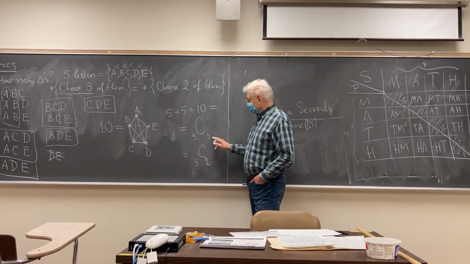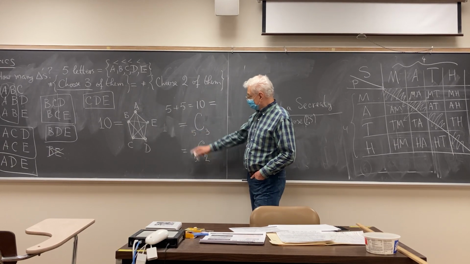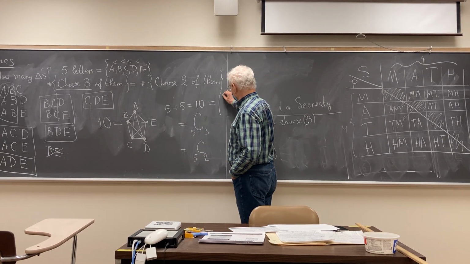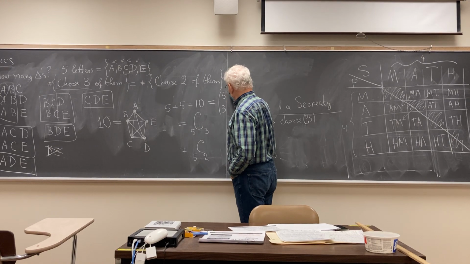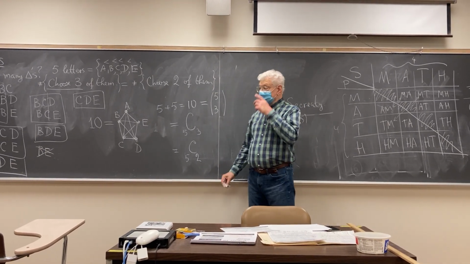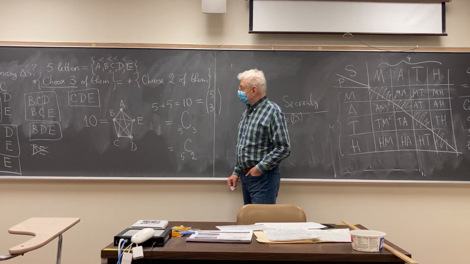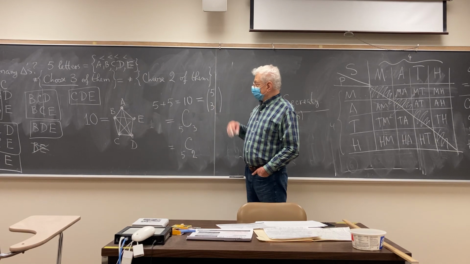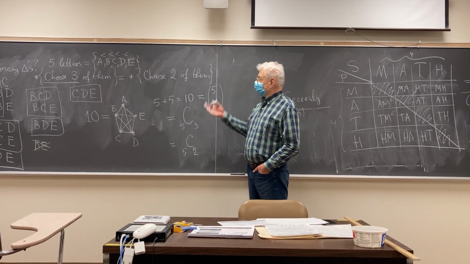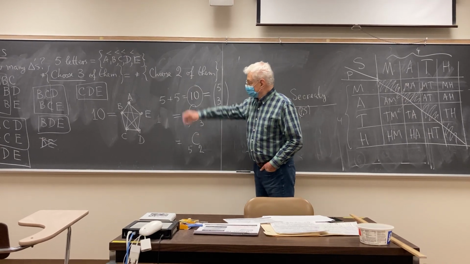Choose 3 out of 5, choose 2 out of 5, and we know that they are the same. And it is also denoted as 5 choose 3. So that is the symbol used in all mathematical books. The number of ways to choose 3 objects out of 5 or 2 objects out of 5 is the same, and it's equal to 10.